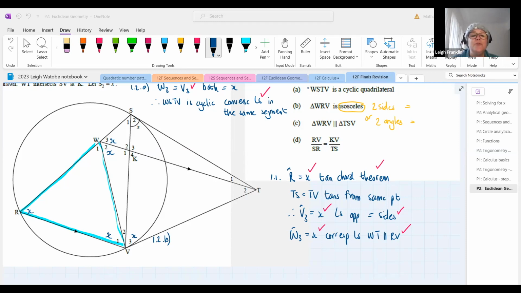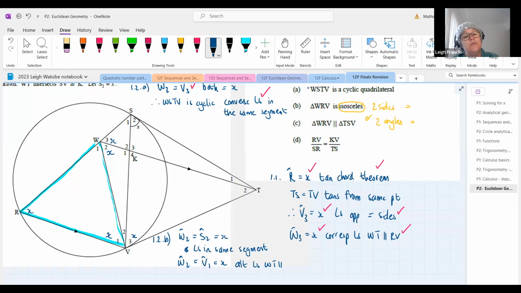W2 equals S2, because they are angles in the same segment. And W2 is equal to V1 because they are alternate angles because of the parallel lines, WT parallel to RV.